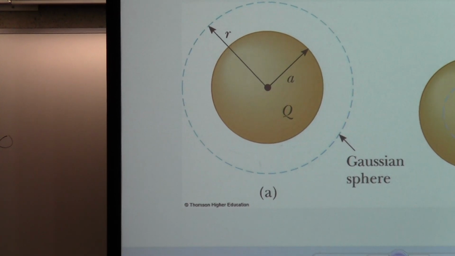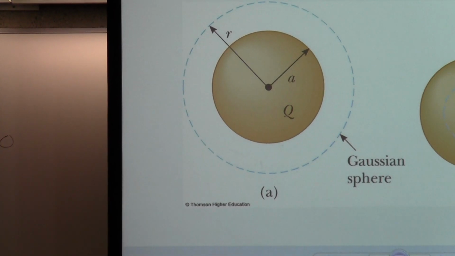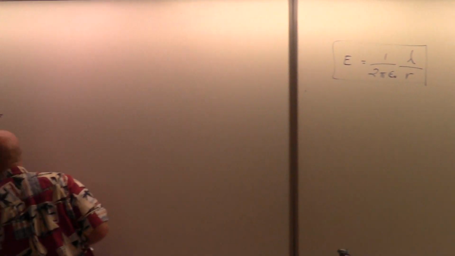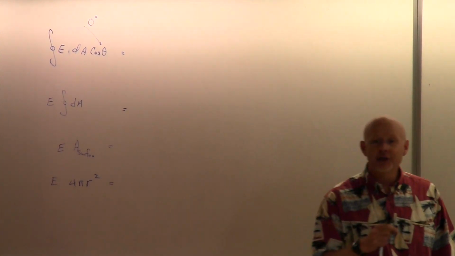At least at this step, that's what I'm trying to find. There might be another step where I want to know the area of the ball. So don't confuse those. But for this step, I want to know the area of the Gaussian surface. And so it's definitely an r squared.